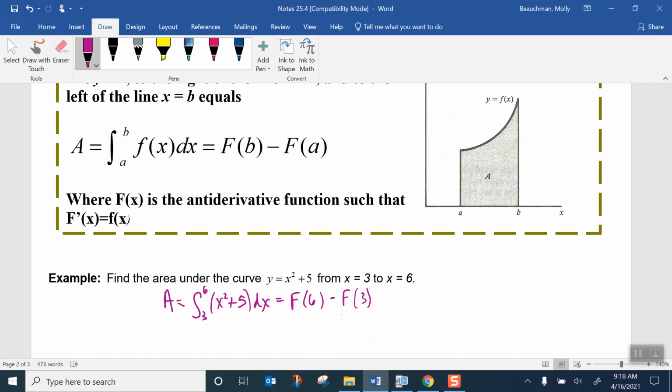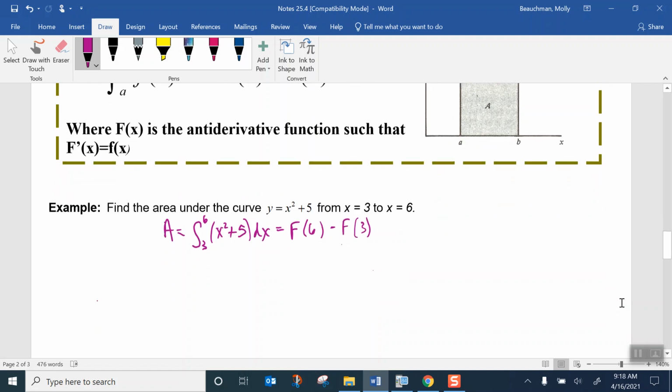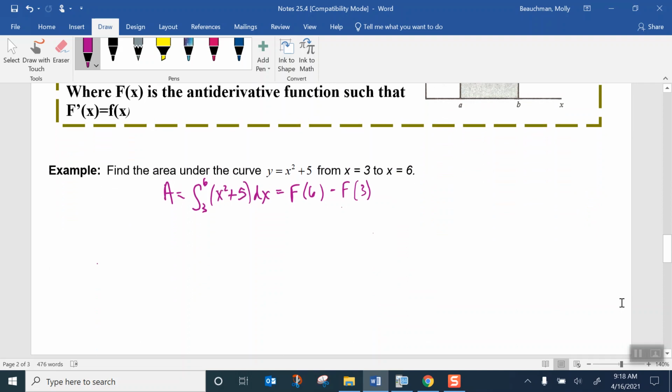So remember, when we take an indefinite integral, we have a constant. So let's take the derivative, or I'm sorry, the integral. The integral of x squared is x to the third over 3, plus the integral of 5 is 5x.